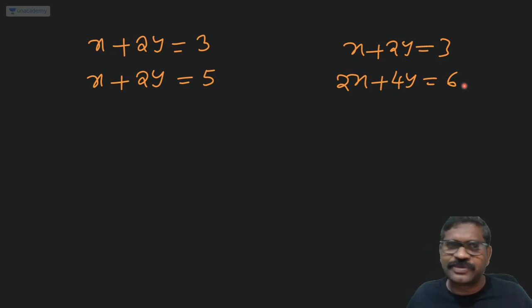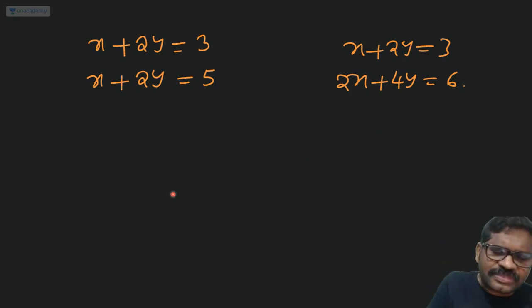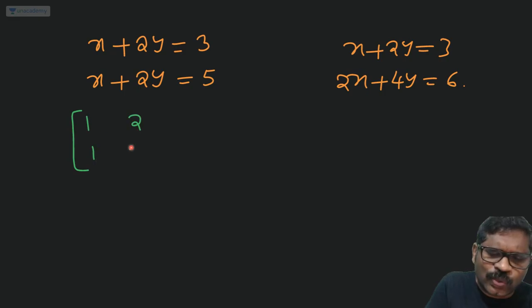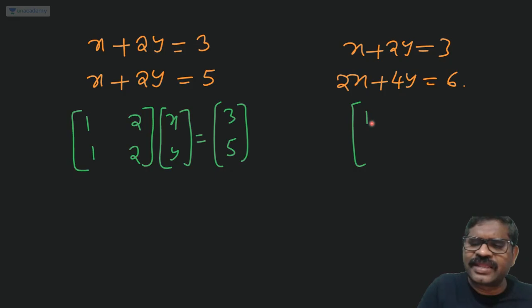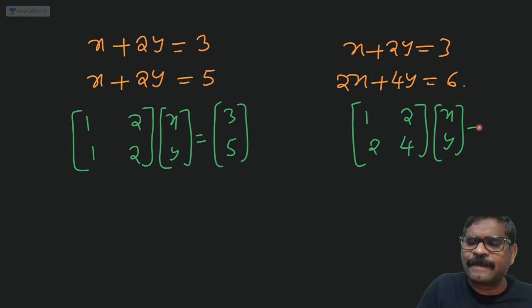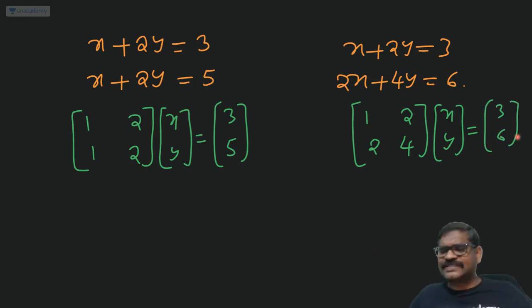Observe. In this case, the matrix is 1, 2, 1, 2 times xy equals 3, 5. Here, 1, 2, 2, 4 times xy equals 3, 6.